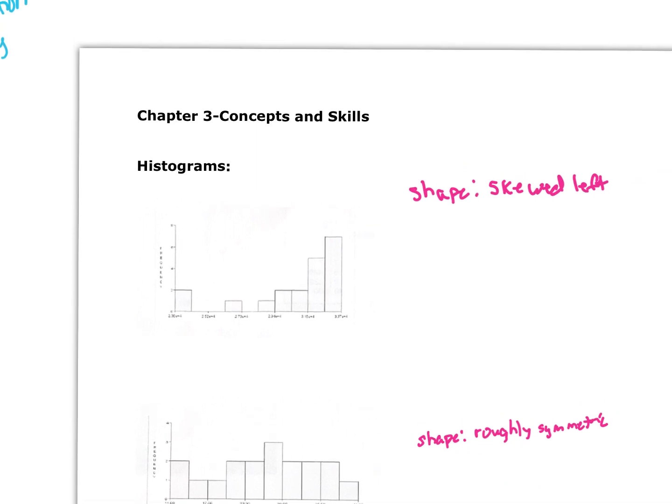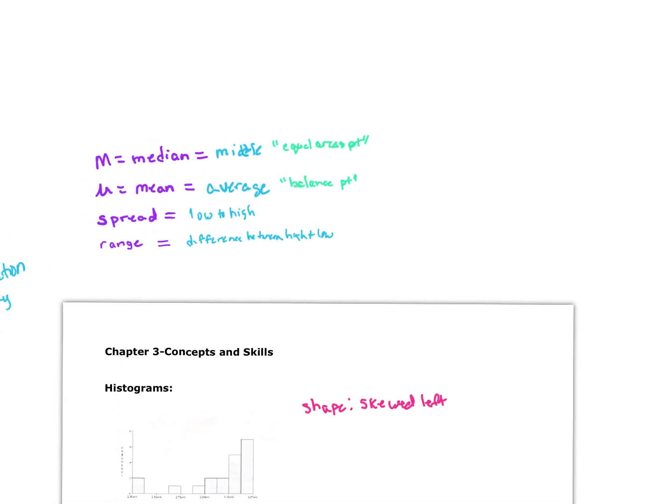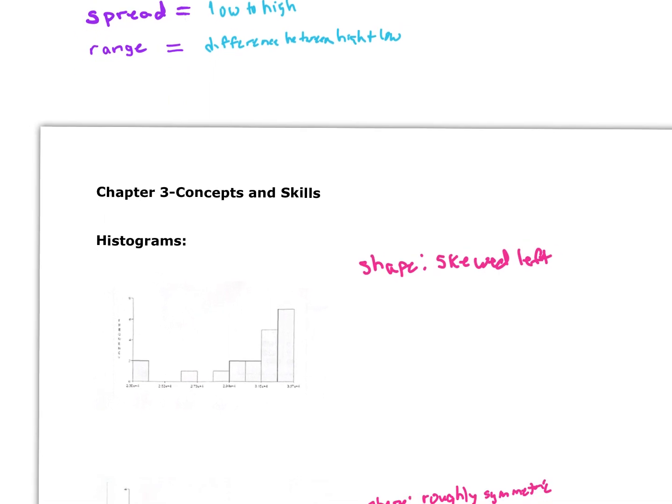When we are considering finding the median and the mean, think about what I had shared. For the median, we want to look for the equal areas point. I'm going to explain this in two different ways.